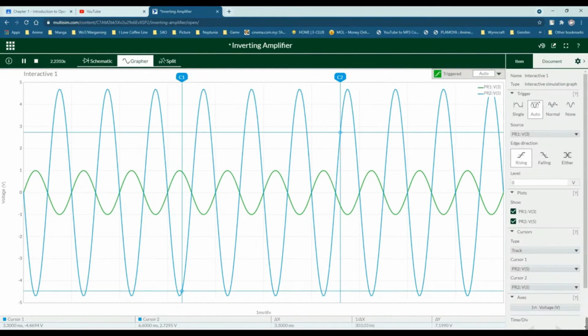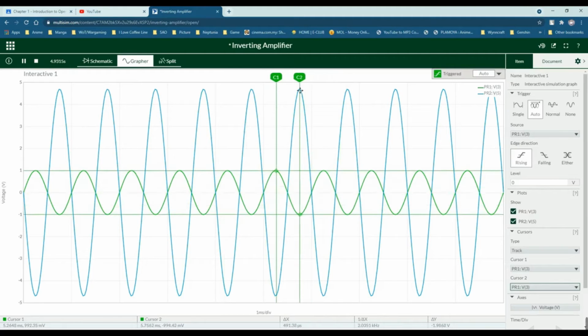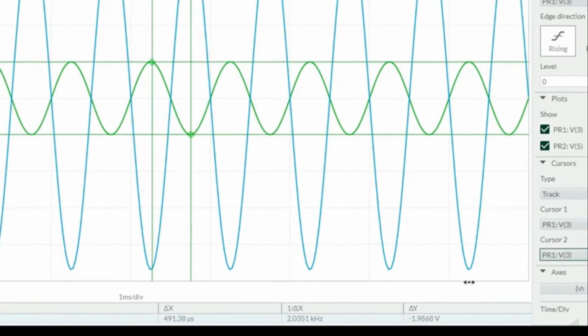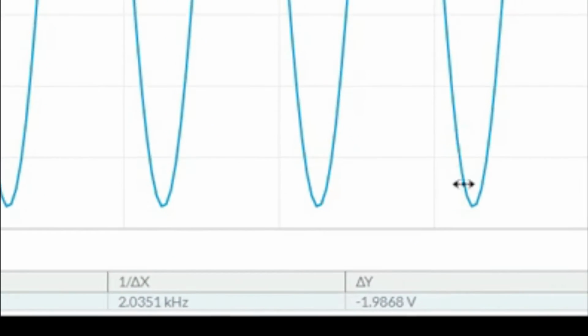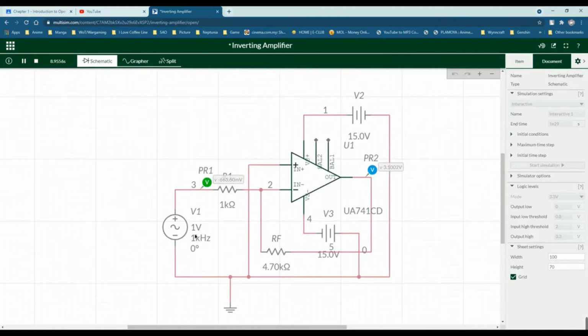To track it, I'm going to show here that the input is written below here, which is negative 1.983 volt, since the input is 1 volt peak, so it is a total of 2 volt peak to peak, at 1 kilohertz of frequency.